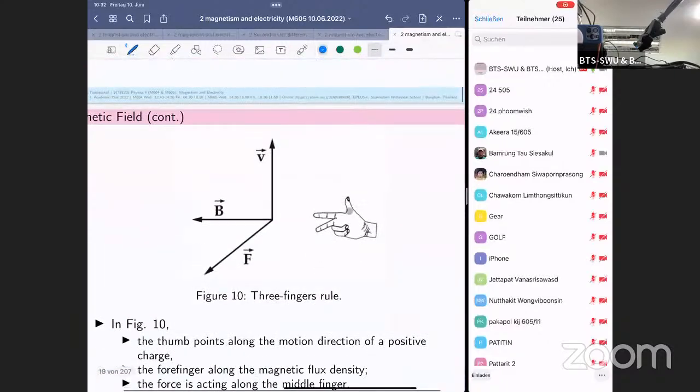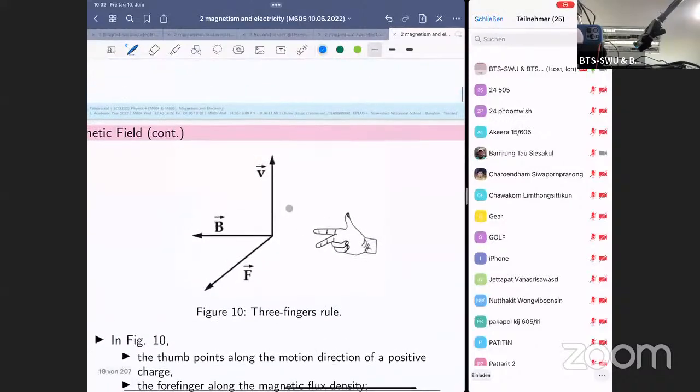Another way is taken from a bachelor degree book, but I don't know if it's widely used or not. You lay out your first 3 fingers.